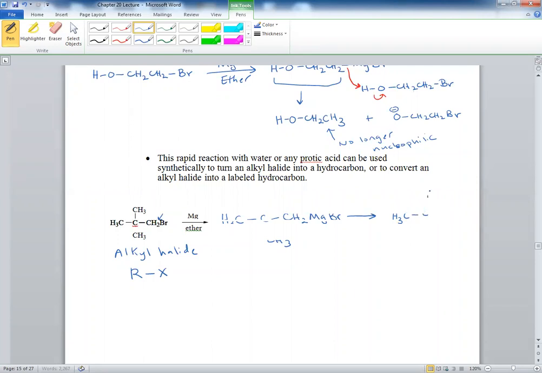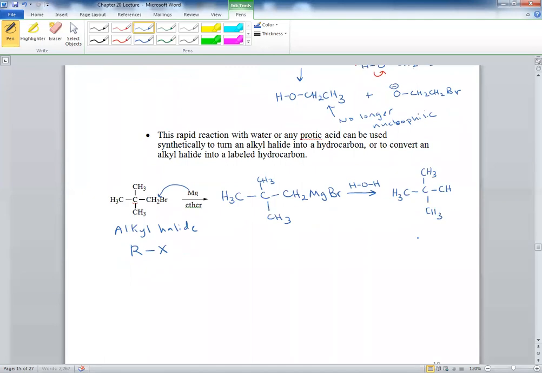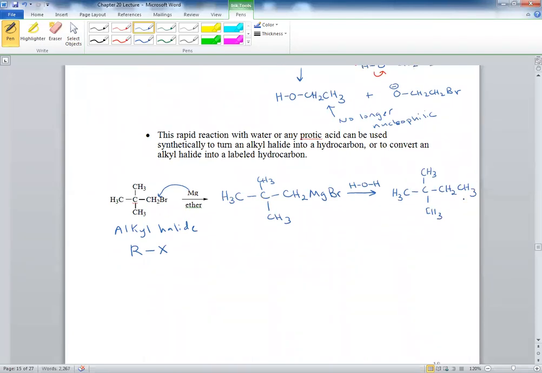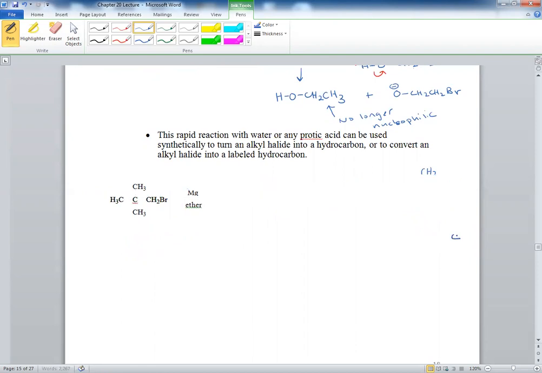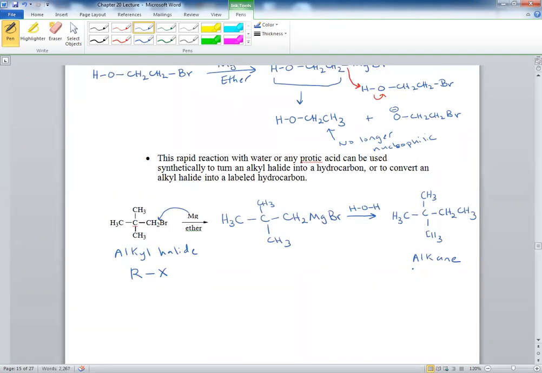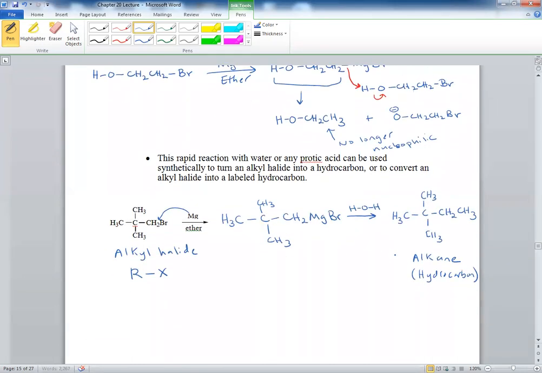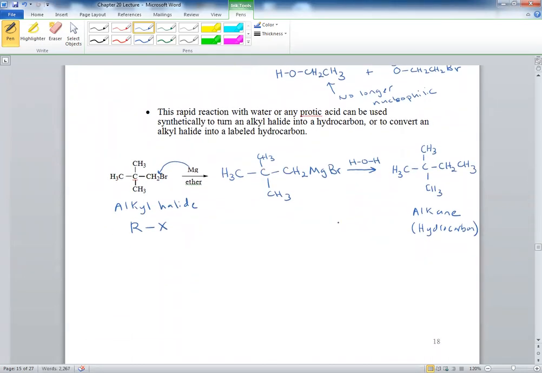So that's one great way of turning an alkyl halide into an alkane, at least in this case, or any other pure hydrocarbon, where there are no functional groups, no heteroatoms. So that's the deal here.